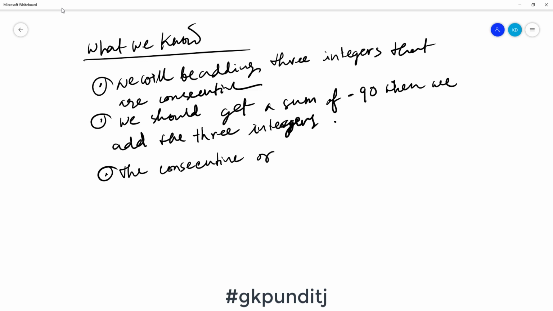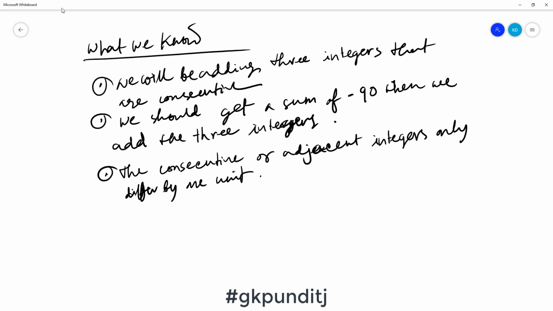Okay, now the other part is consecutive or adjacent. Okay, be very careful with this term, adjacent integers only differ by 1 unit.